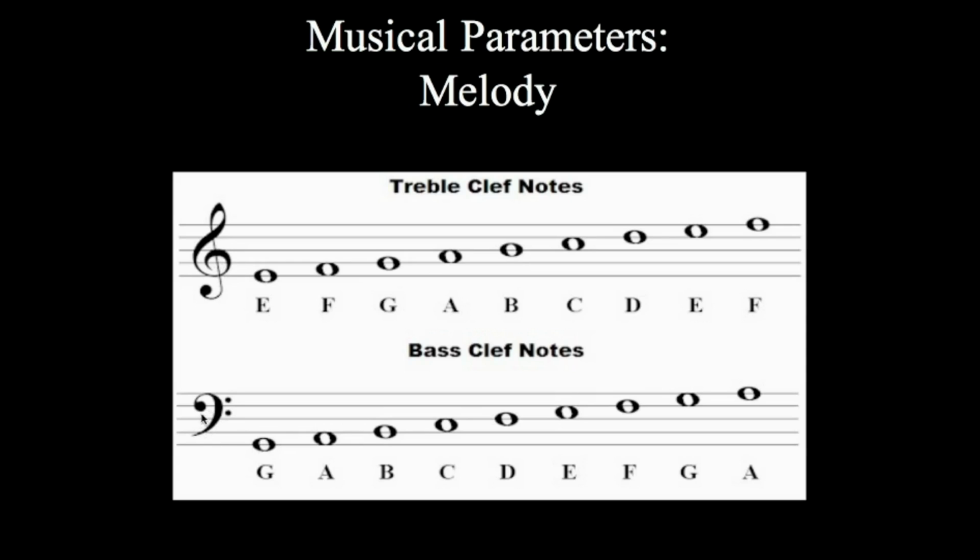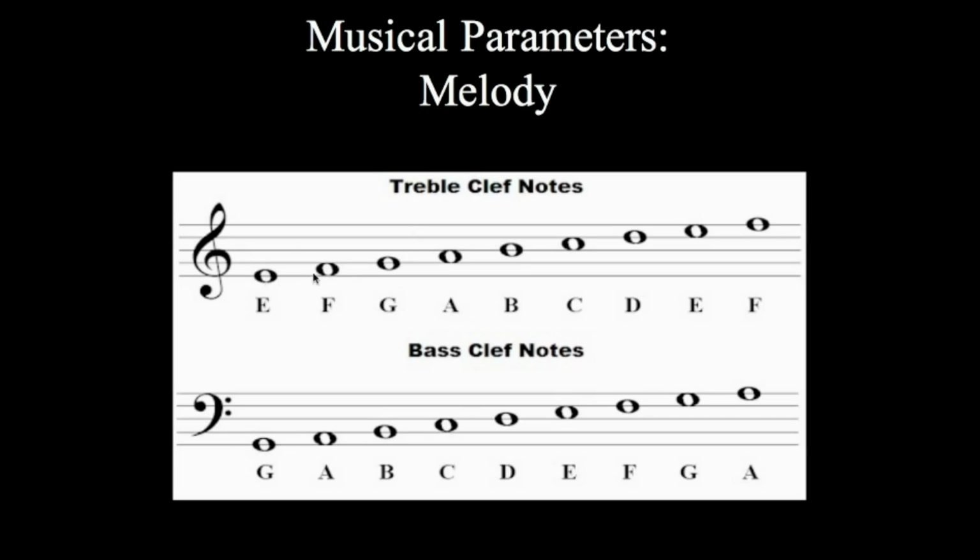In a bass clef, we have this sort of colon here. The colon goes around an F. So what these clefs are telling us is how to read these five lines, and these lines and spaces correlate to notes.